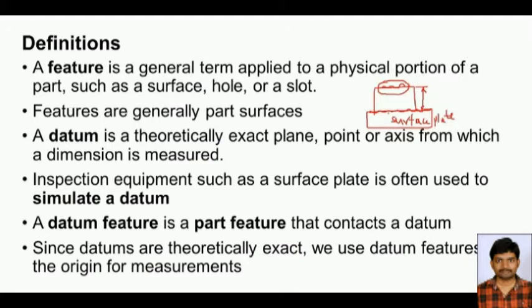So the surface plate is often used to simulate the datum. The top surface of the surface plate is used as a datum, and that surface is simulated as a datum. Now a datum feature is nothing but a part feature that contacts a datum. Since datums are theoretically exact, we use datum features as the origin for the measurements.